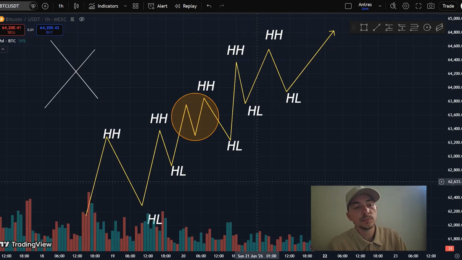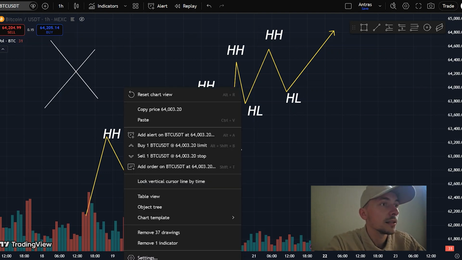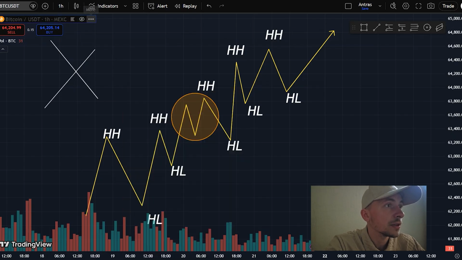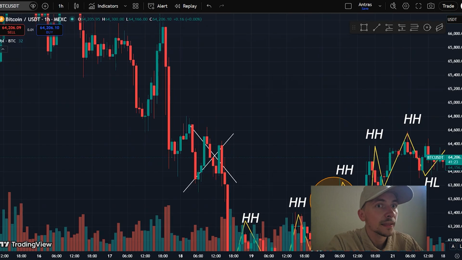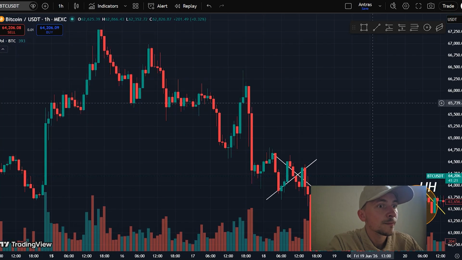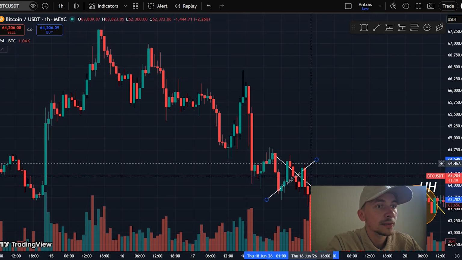So for the next position, we're going to look for long positions, because that's the uptrend. With the downtrend, it's the opposite: we are looking for lower lows and lower highs. Let's look at the chart. I think I'm going to find something for sure. Okay, we have something like that.